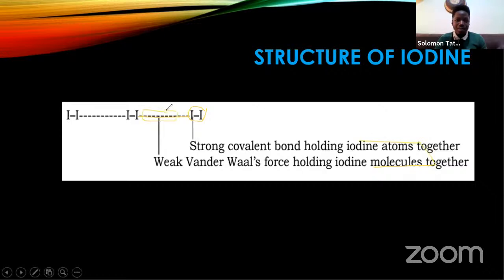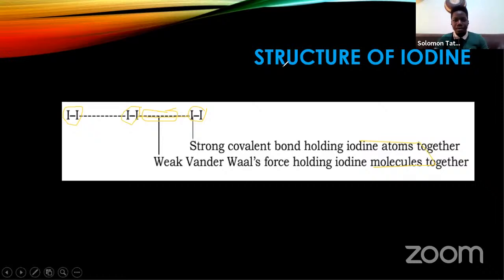They are holding the molecules together. So this is the simple molecular structure of iodine. The atoms are held by a very strong covalent bond, and then the molecules are held together by weak van der Waals forces.